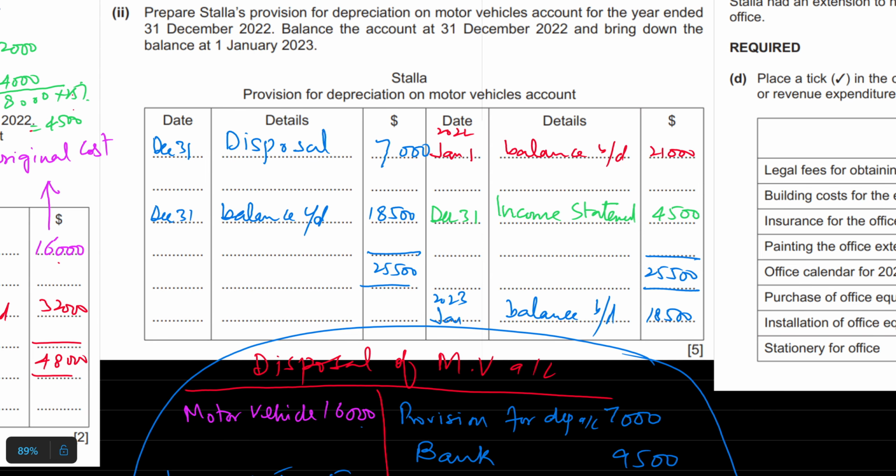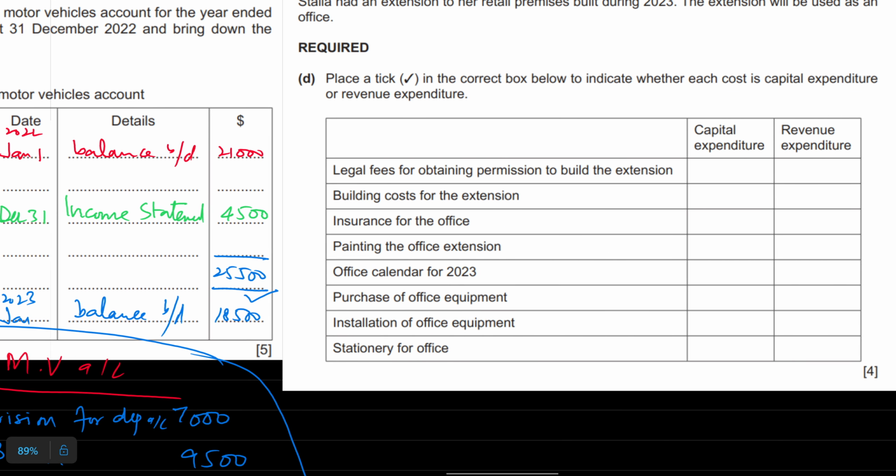Students, don't forget to write this balance brought down. As I explained earlier, this carries 1 mark normally.